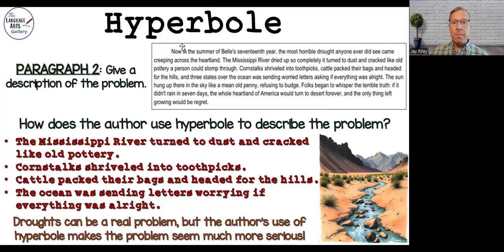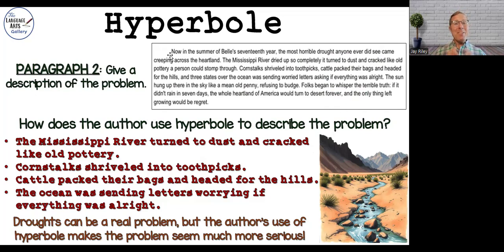The sun hung up there in the sky like a mean old penny, refusing to budge. Folks began to whisper the terrible truth. If it didn't rain in 7 days, the whole heartland of America would turn to desert forever, and the only thing left growing would be regret.